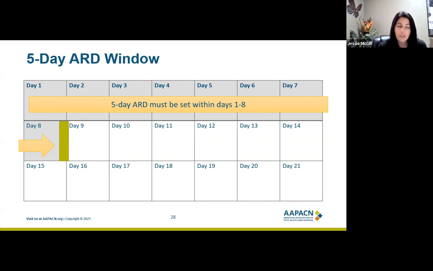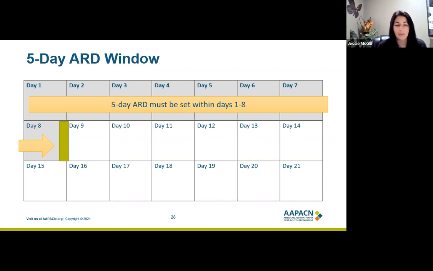You want to be cautious though, because you do have to think about the items that have to be completed on that 5 days. So you have resident interviews, which of course, once you have that ARD, you want to communicate that to your team. So the PHQ-9, the BIMS assessment can be completed to be captured on that assessment. Once I get on the other side of that wall, so that green line is my wall, I can no longer go back in and adjust my ARD.